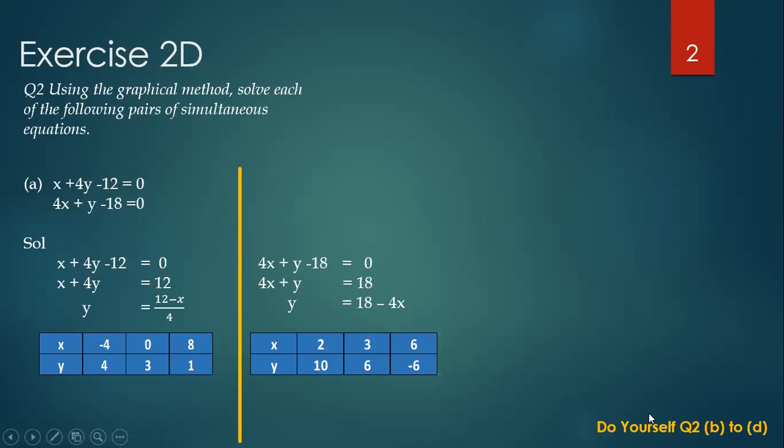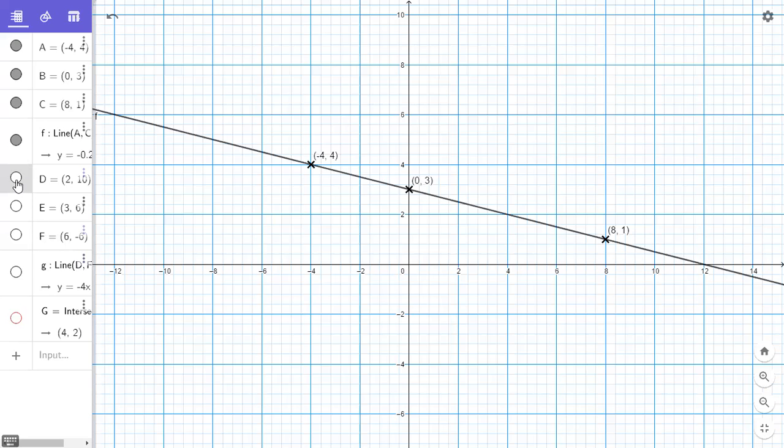Let's plot these coordinates on a graph paper: 2, 10; 3, 6; and 6, minus 6. So we say that both of these intersect at the point 4, 2.